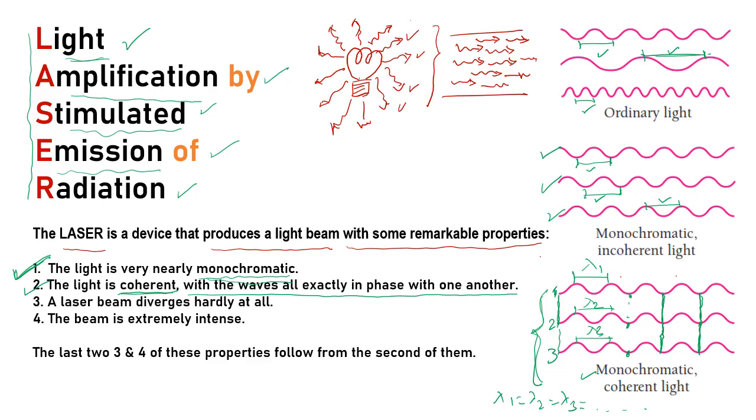In space, at any point, you will find all the waves are in phase, and the same goes for the wave with respect to time. They are all moving exactly in the same manner, in the same phase. So laser light is monochromatic, and the light is also coherent.